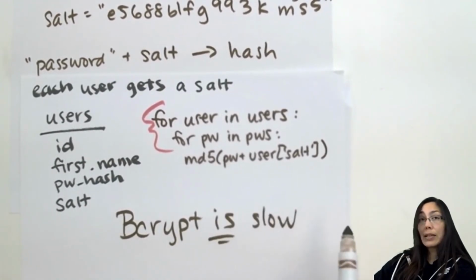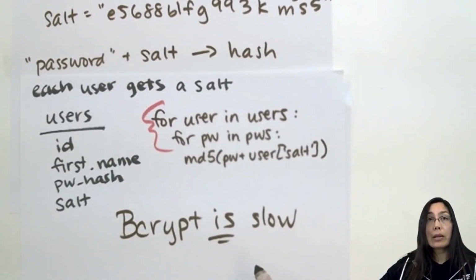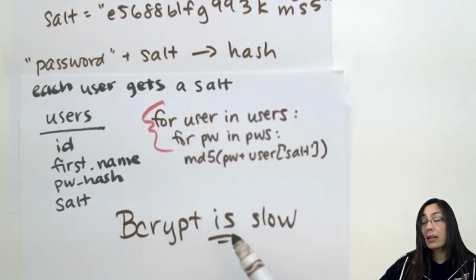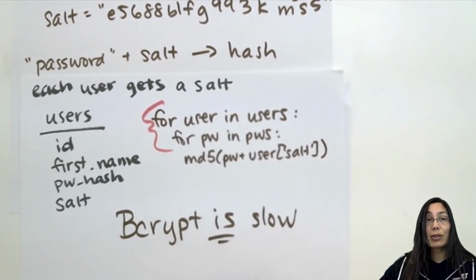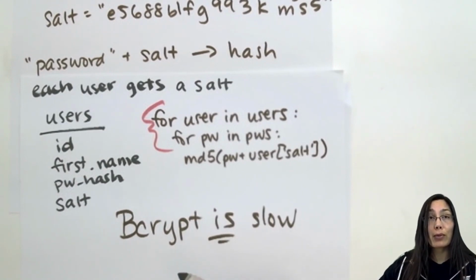It's designed to be slow. So that's why we're going to be using bcrypt. It borrows a lot of the techniques that we talked about with the idea of the salt and everything like that. But it's actually a very, very slow algorithm. Not so slow that an honest user would notice any change, but much slower so that it's just not going to be worth it to a hacker to try to brute force their way through your database.